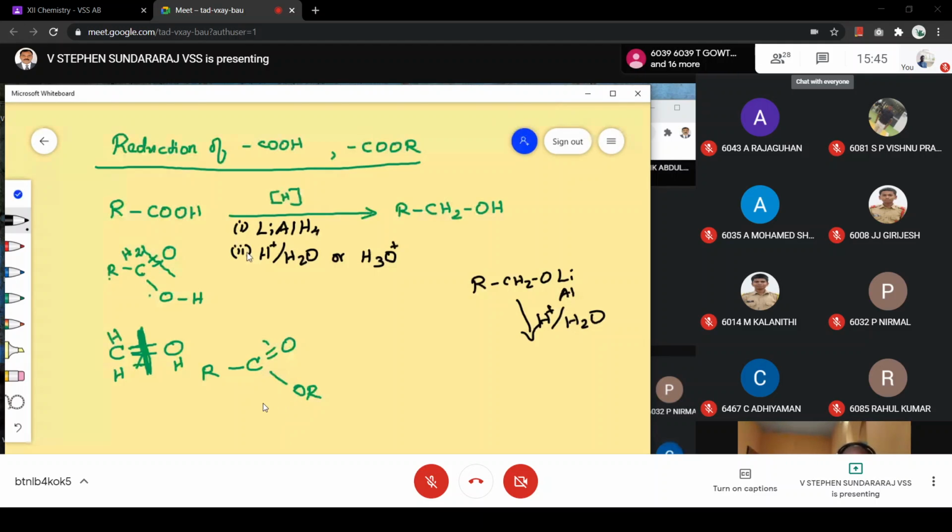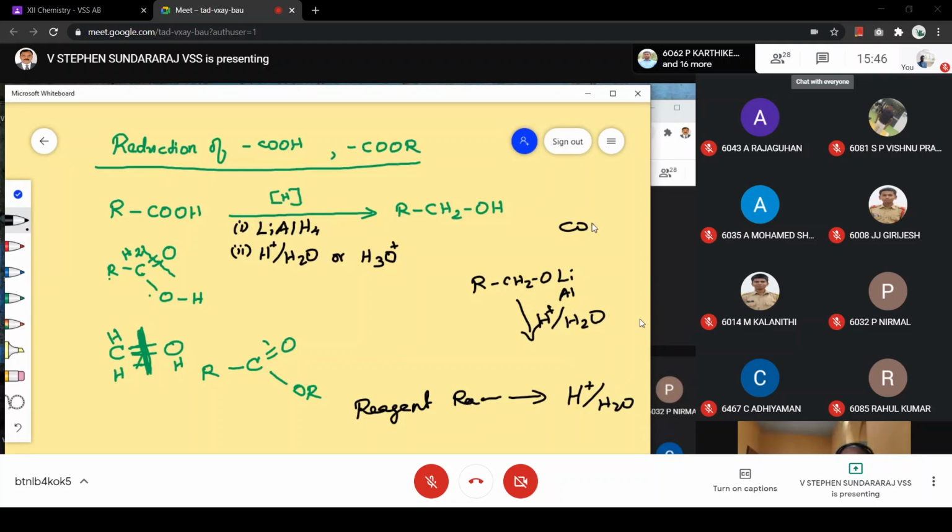The same arrow mark you can use, but don't forget to write 1, 2, because it is taking place in two steps. And this one you remember; in your notebook somewhere, or if you are using a textbook, write it down, because you will forget. Whenever reactive metals are involved in the reagent, then it has to be acid hydrolyzed, because the salt will form.